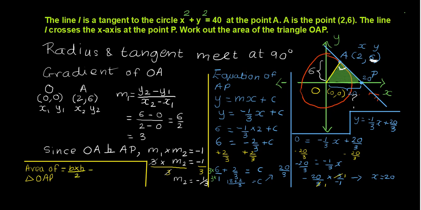Our base is 20, our height is 6. Divided by 2, 20 times 6 is 120. 120 divided by 2 is 60 square units. All that for the area of a triangle.